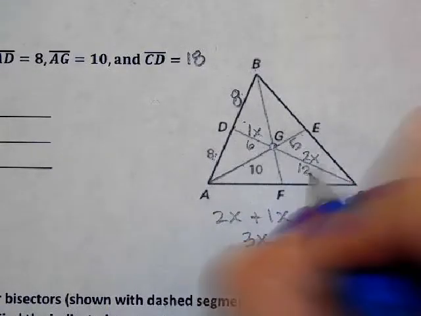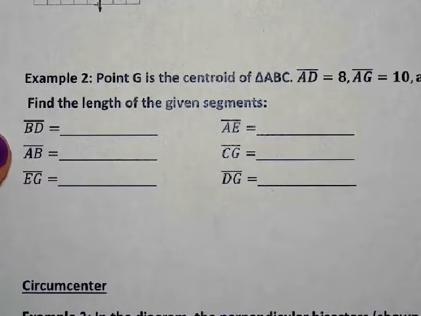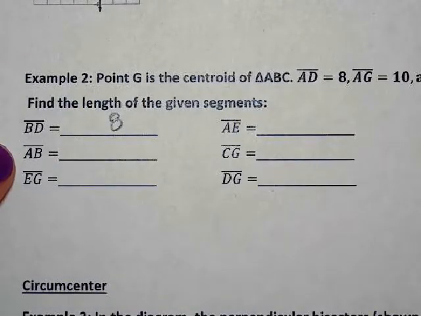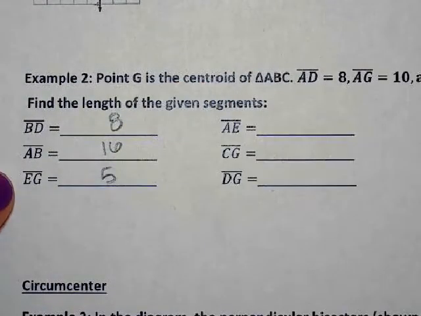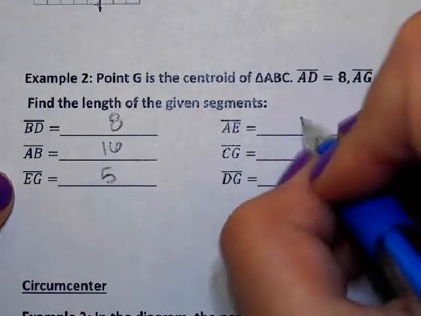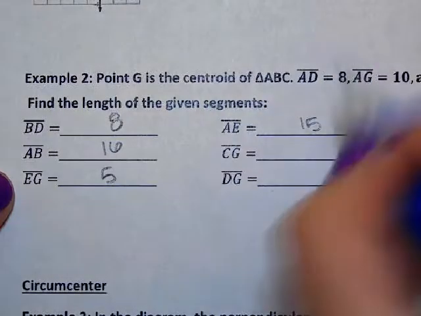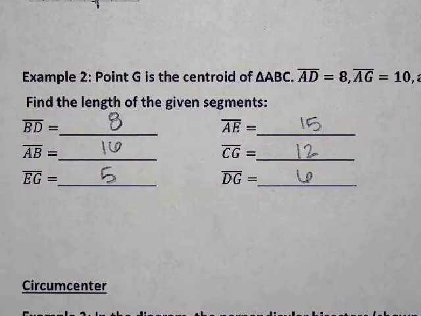So BD is 8, and AB is, okay, and EG, okay, and AE, okay, and CG, and then DG, 6. Okay. Any questions there for centroid? The mathy part is good? We feel good about numbers?